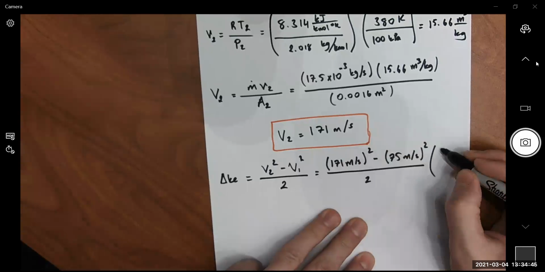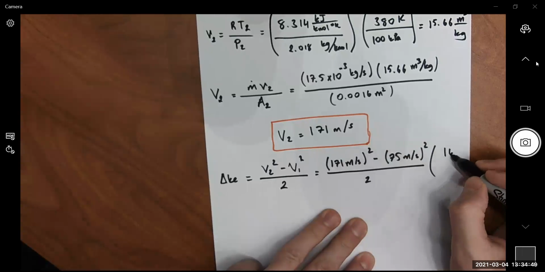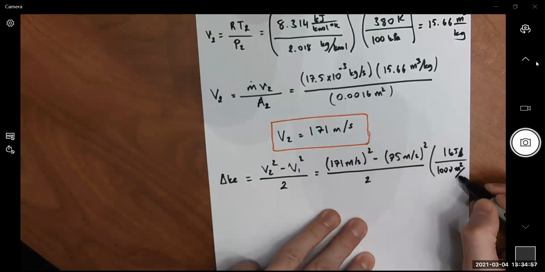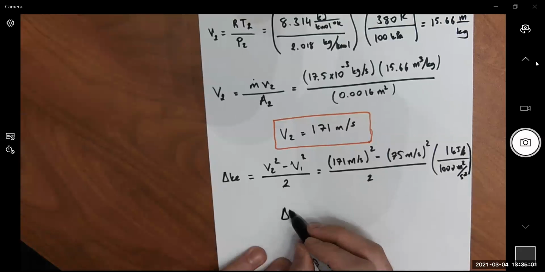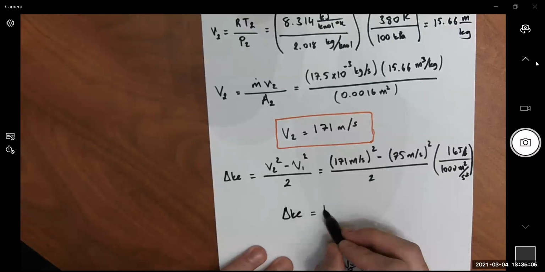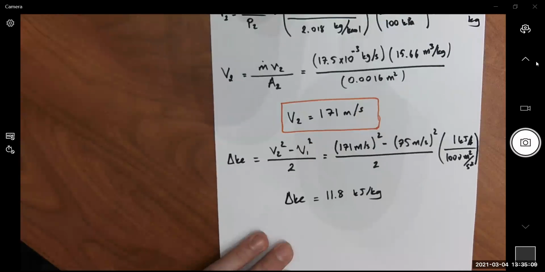I need a unit conversion to find kilojoules per kilogram. 1 kilojoule per kilogram is 1,000 meters squared per second squared. Kinetic energy difference will be 11.8 kilojoules per kilogram.